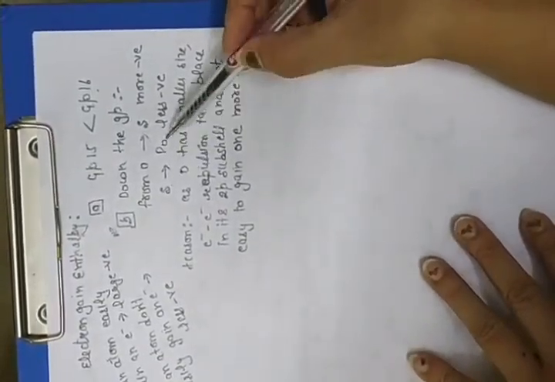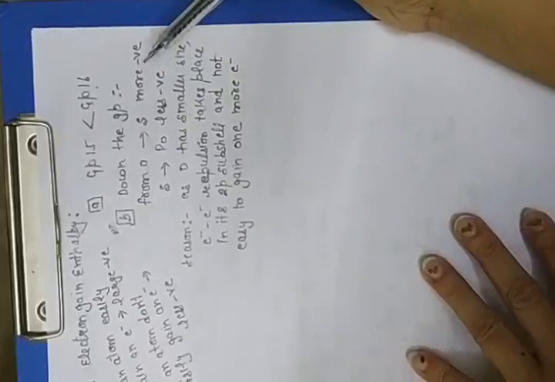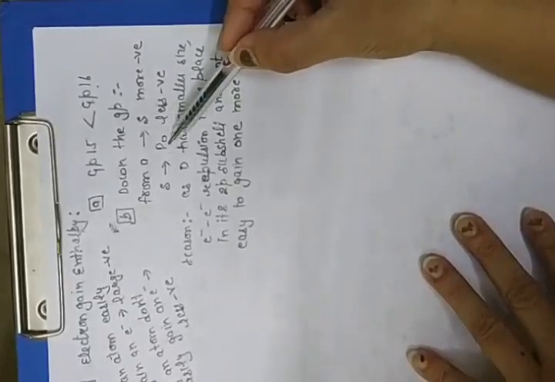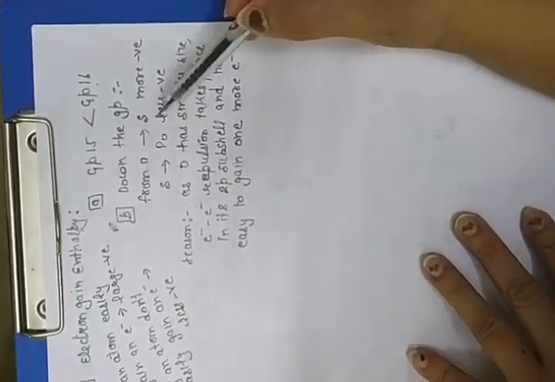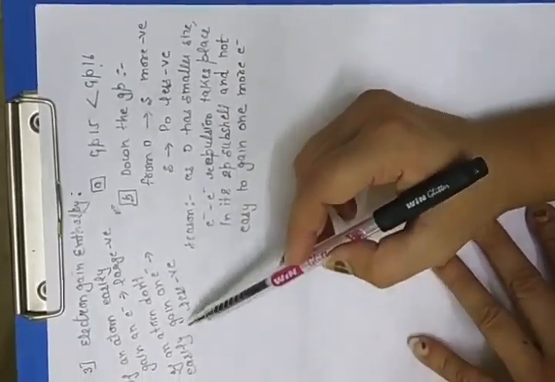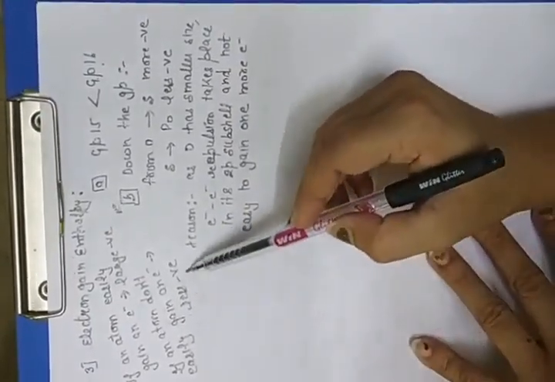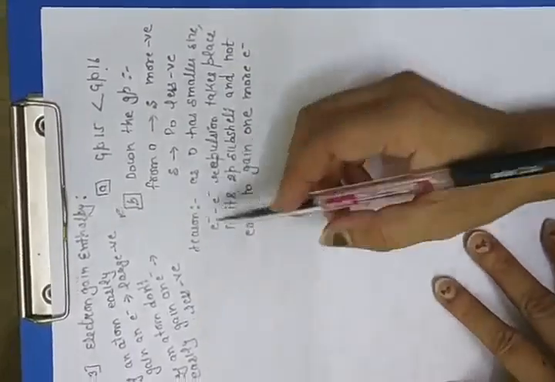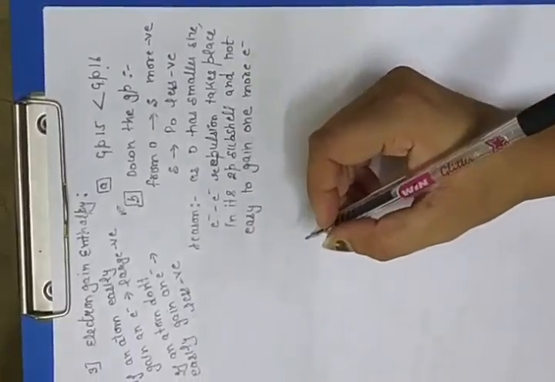But next, as the size increases, what happens? It is difficult to gain the electron. Hence, if it does not gain an electron easily, it becomes less and less negative. So this one is the electron gain enthalpy.